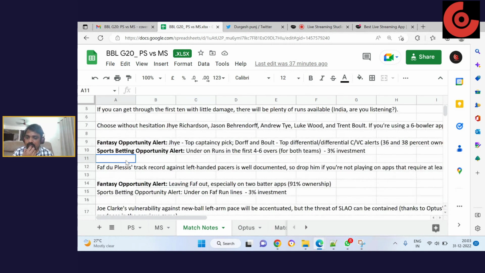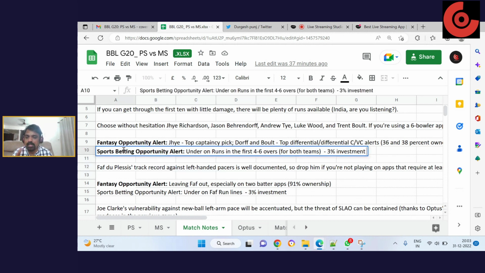It's been fantastic. So yeah, if you're someone who is living in countries where sports betting is legal, this is a tool that you could use for sports betting as well. For example, here we have given out a sports betting opportunity alert where we have used the dominance of new ball bowlers at the venue and the struggling nature of the top order batting units in both Melbourne Stars and Perth Scorchers, and we have recommended to go under on runs in the first 6 overs in the power play.